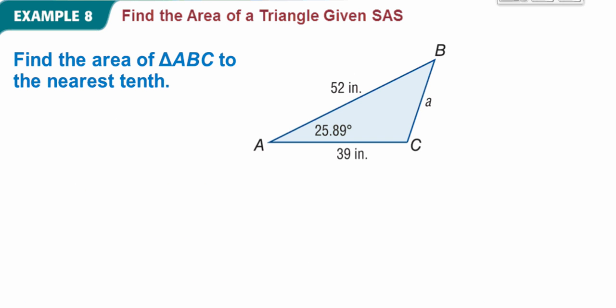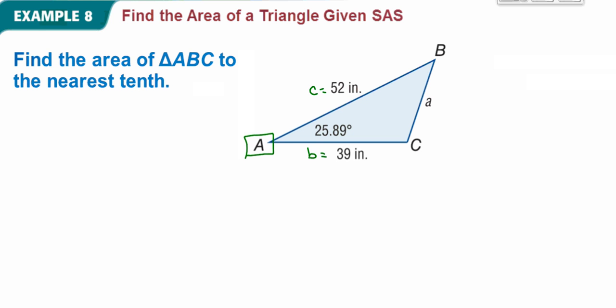This is to find the area of triangle ABC to the nearest tenth. You'll notice we have angle A is known, little c is this side, and little b is that side.